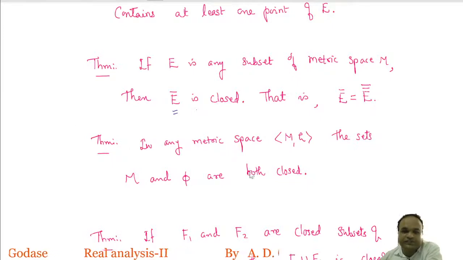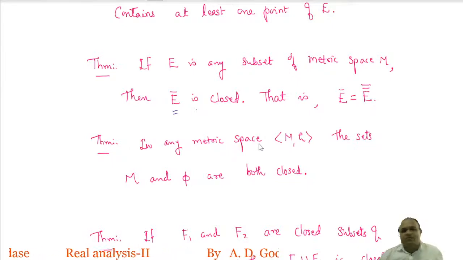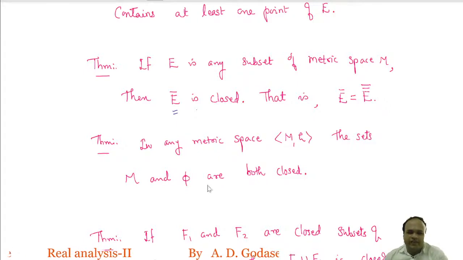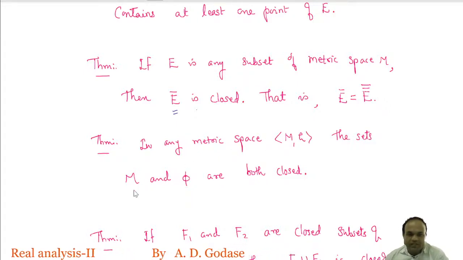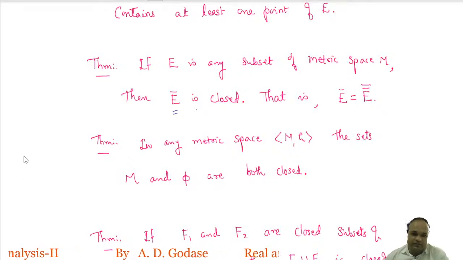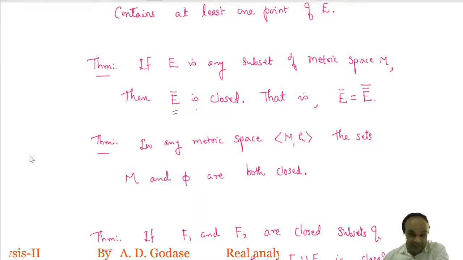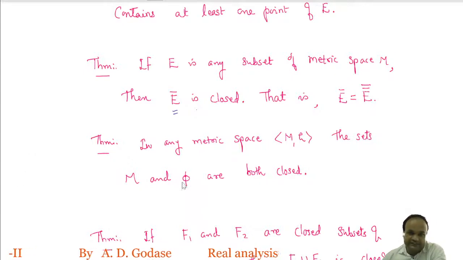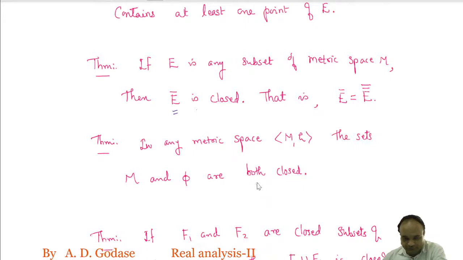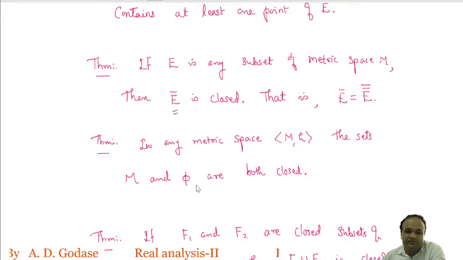Next, in any metric space (M, rho), the sets M and the empty set phi are both closed. Already we have seen that in any metric space (M, rho), the sets M and the empty set are both open. Here we state that M and phi are always closed as well.